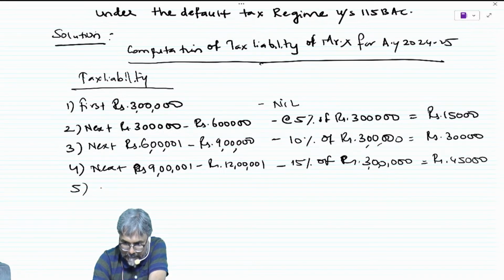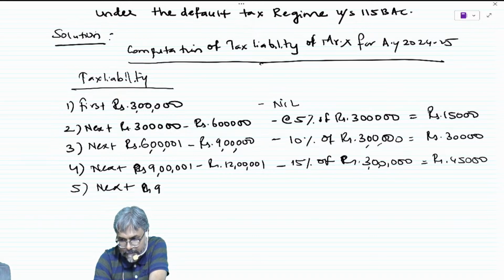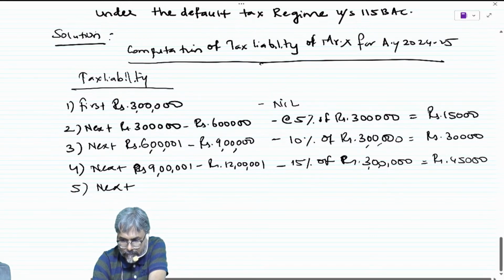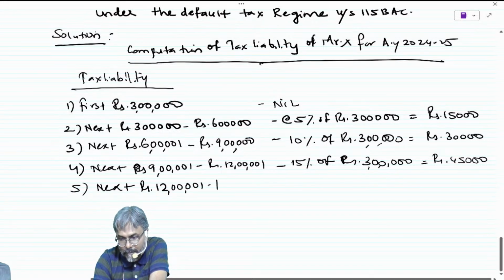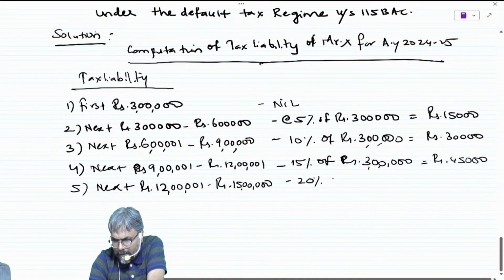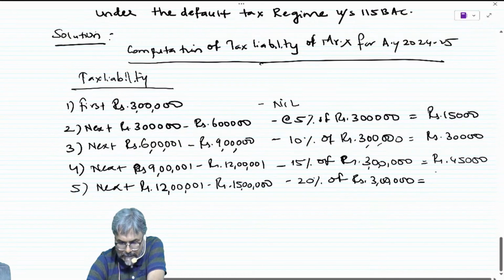Then fifth. Next what? Rupees 12 lakh 1 to 15 lakhs. I told you till 20% we will tolerate. 20% of rupees 3 lakhs. How much is that? 60,000.